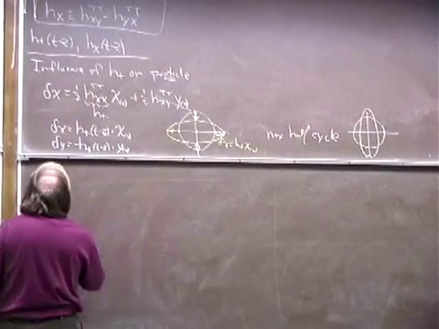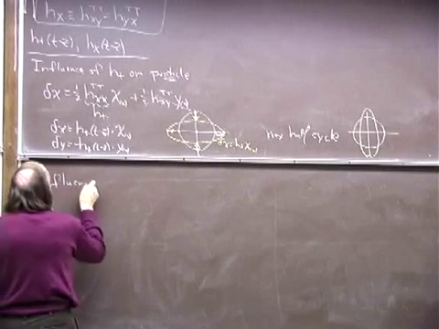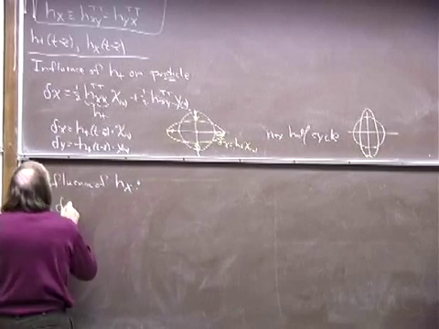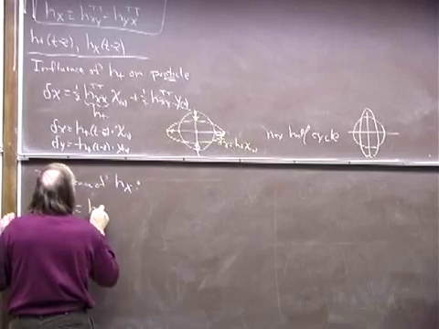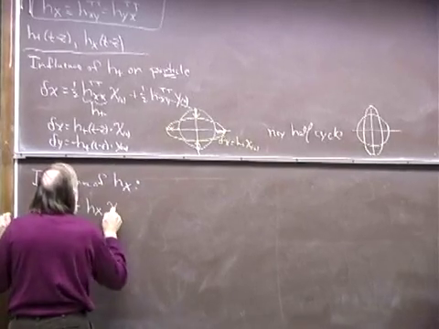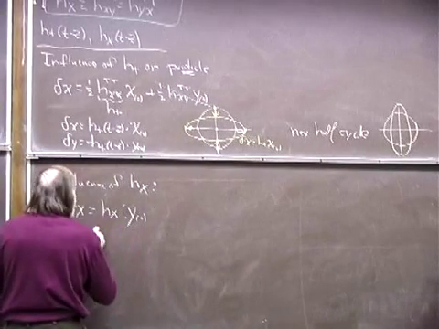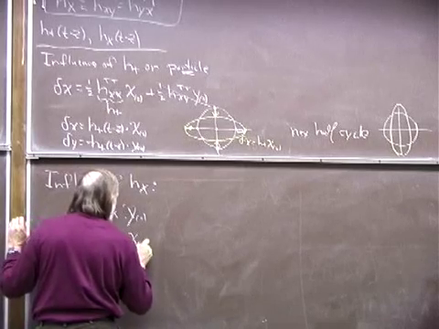If we look similarly at the influence of h cross, you can go through the same little calculation and get delta x is equal to h cross times y unperturbed. Delta y is equal to h cross, no sign flipped, times x unperturbed.